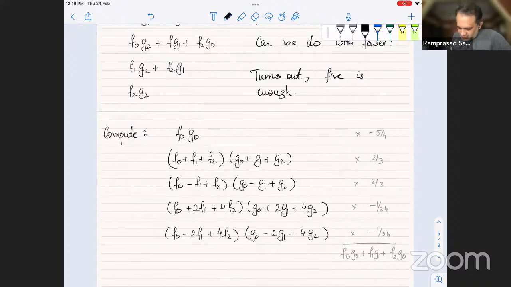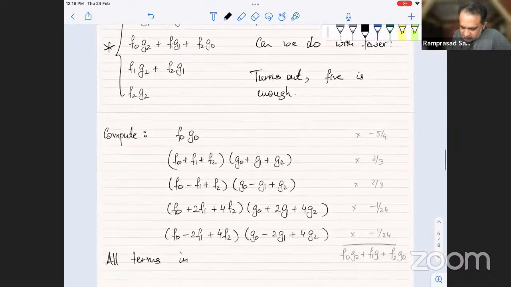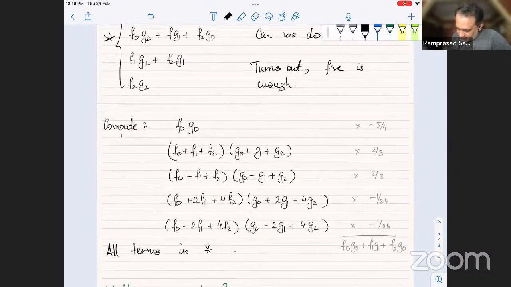Basically all I'm saying is that all terms in, let's give this a name, let's just call this star, star are linear combinations of these 5 terms.